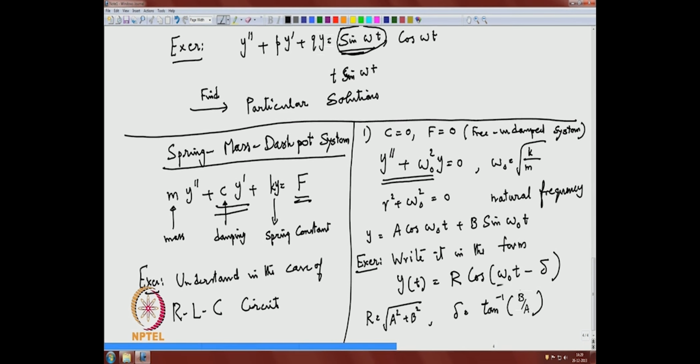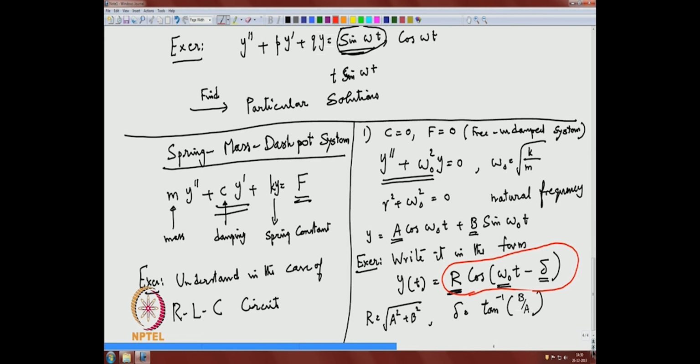Note that omega naught is given by the square root of k by m, so it is not a constant here. For a mathematician this is a general solution because it consists of two arbitrary constants, r and delta. Here r gives you the amplitude. Cosine varies between minus 1 and 1, so this will oscillate fully between minus r and r with a phase difference delta.